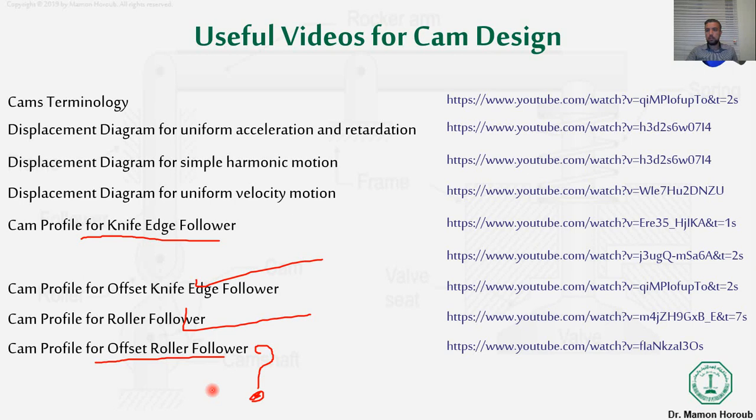He should follow the offset circle. He made it by mistake. So please be careful once you see this video, to be sure that he made a mistake in not following the offset circle. But just look at this example to understand how he deals with the offset once we have a roller.